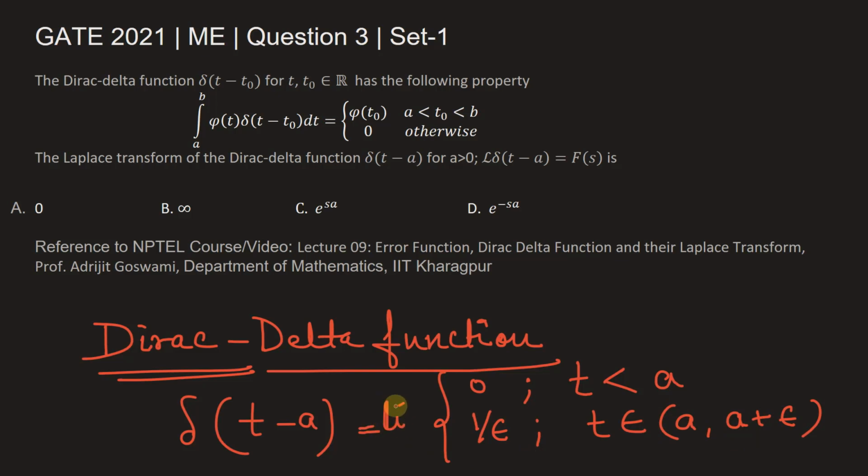Let me write it with the limit epsilon tends to 0, and its value is 0 when t is greater than a plus epsilon. You see that this Dirac delta function is defined only in the limit a to a plus epsilon, it has some value only there.